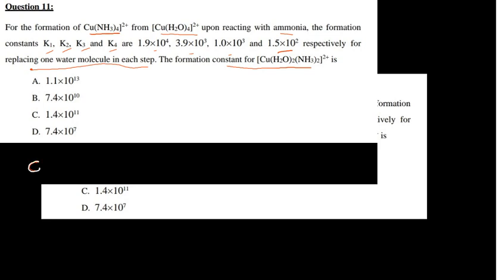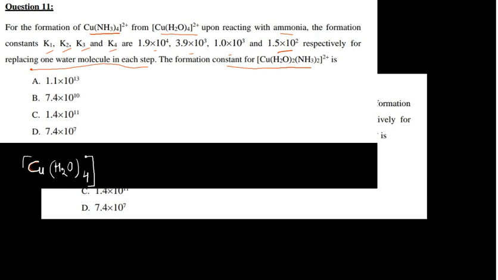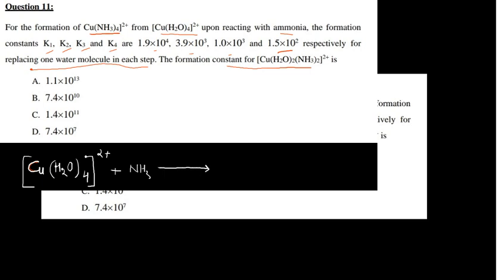you have given this complex Cu(H2O)4 2 positive, and you are reacting this with say ammonia, NH3, and for this K1 is given, and that value is 1.9 into 10 to the power 4.